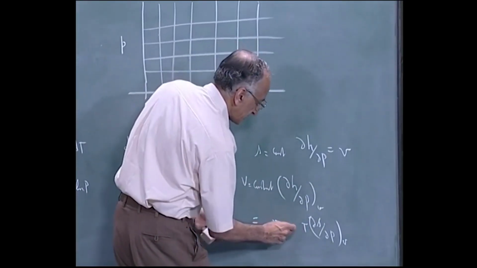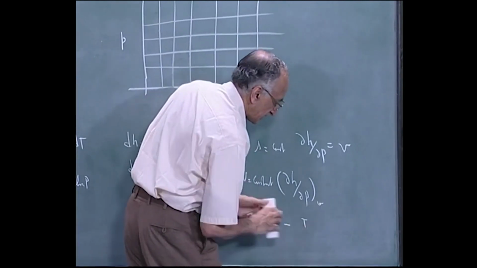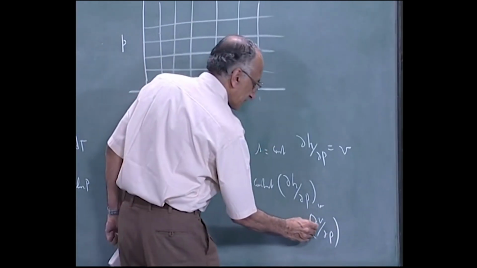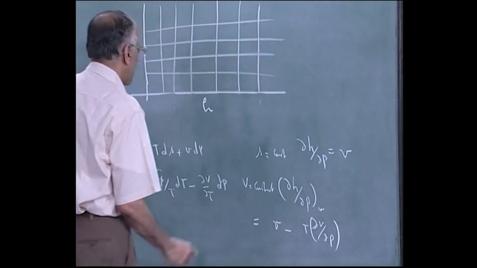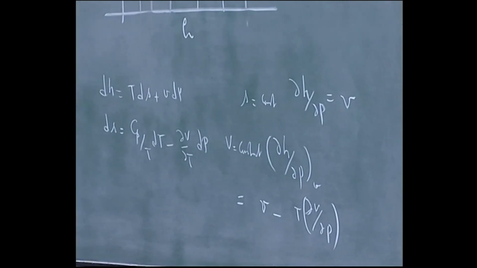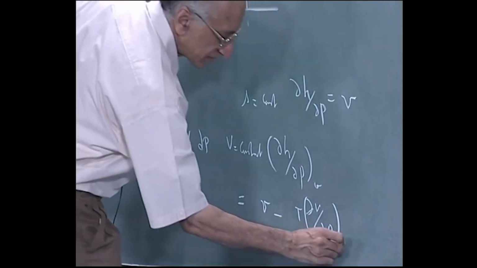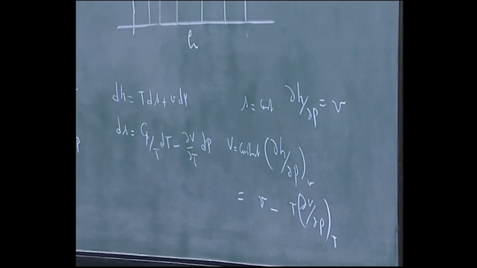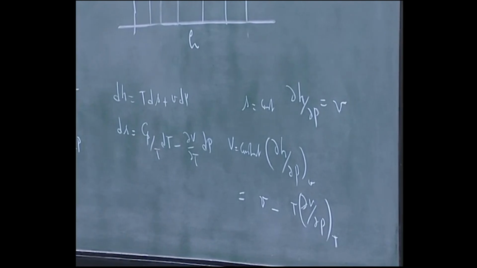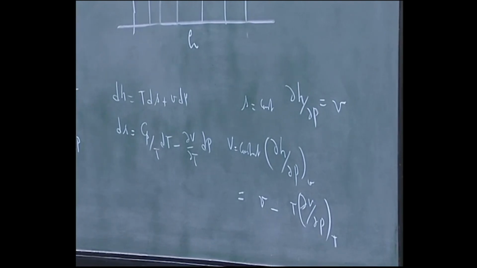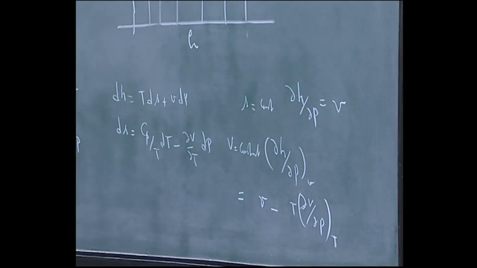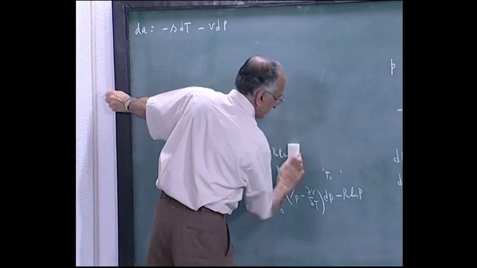This is correct, yeah. At constant T, V with respect to P is always negative, and therefore this term is actually greater than dou H by dou P at V. I will rewrite that in terms of measurable quantities.